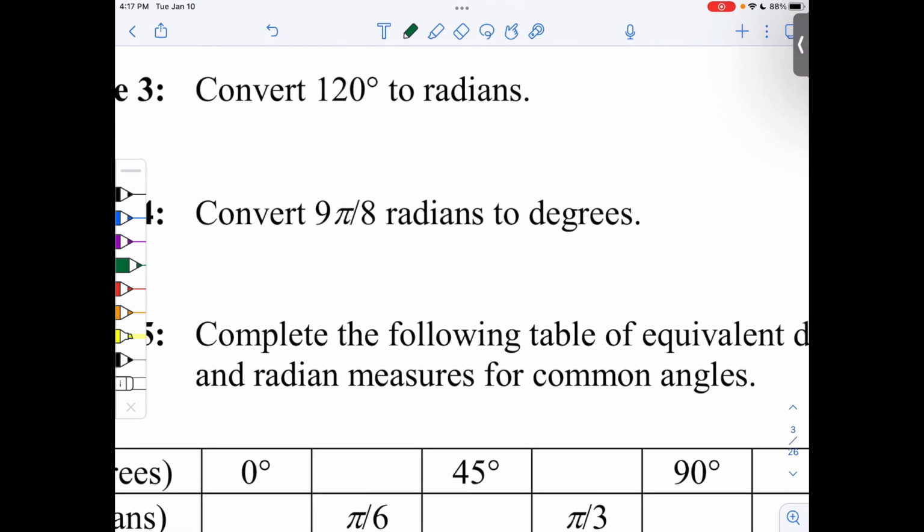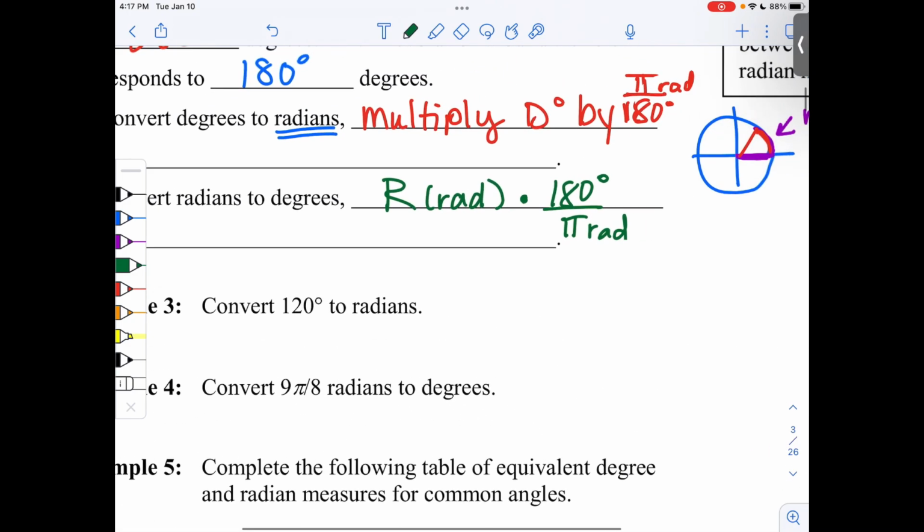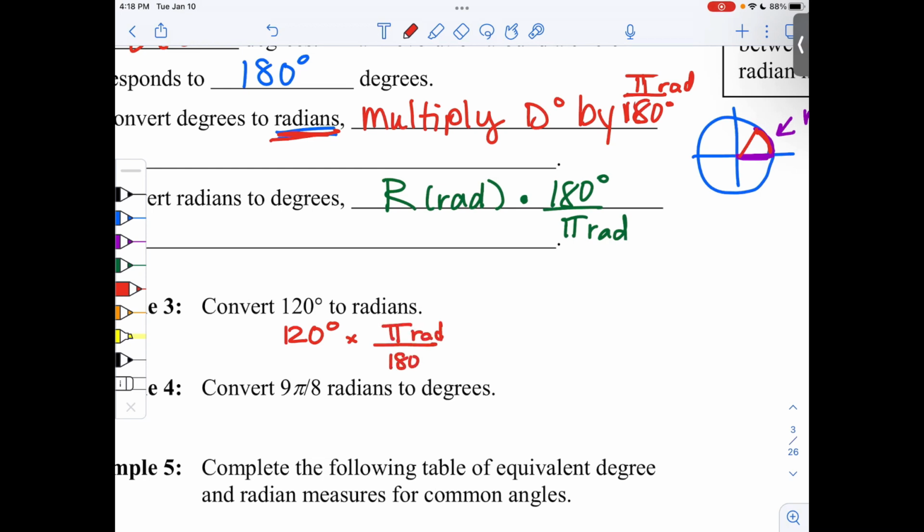To convert 120 degrees to radians, we're going to use this here. So we're going to take our original 120 degrees and multiply by pi radians over 180 degrees. When I do that, degrees divided by degrees cancel. I know 120 and 180 can divide by 10, which cancels out the 0.